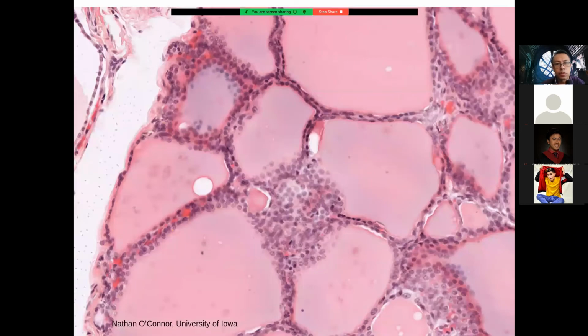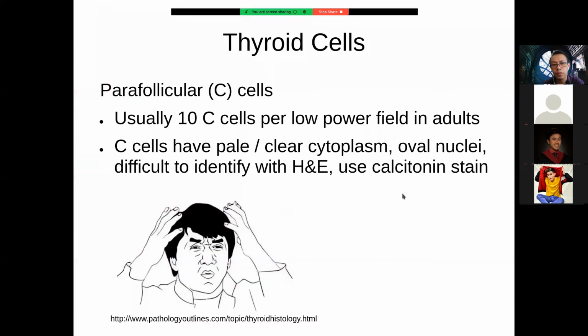So you really have to scrutinize the field and look for a very pale-looking set of cells which are not surrounding a follicle, not surrounding a space of colloid, such as these and more here. There are very few of them, maybe 10 at most, that can be seen at any point in time, and they produce calcitonin.